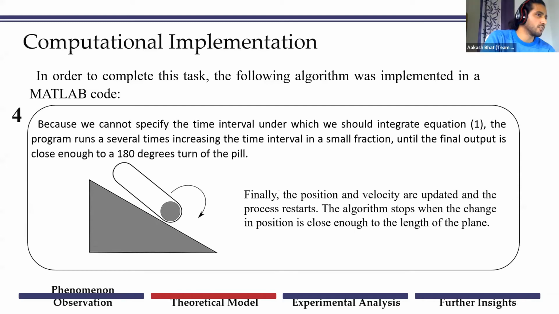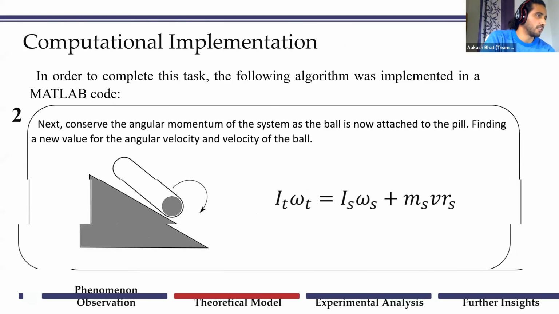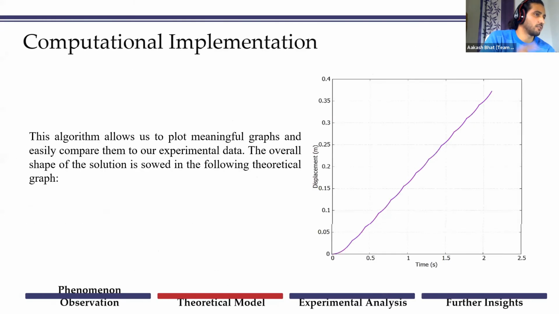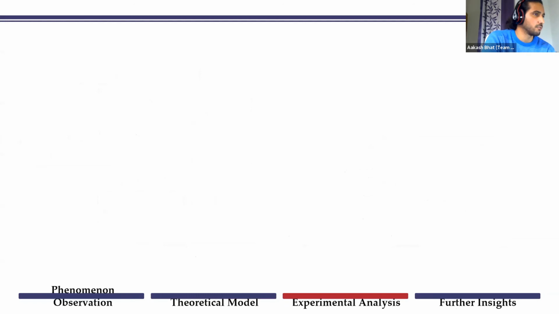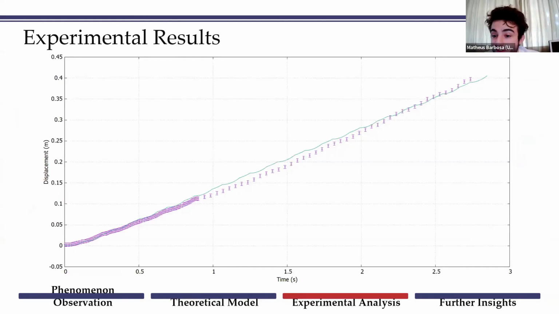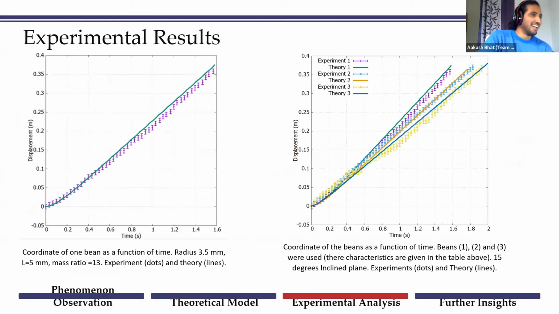Could we look at your experimental results, please? I think we kind of missed that, and it would be nice for everyone else to see what you actually get and how it corresponds to the theory. Sure. Let's look at the displacement with respect to time.